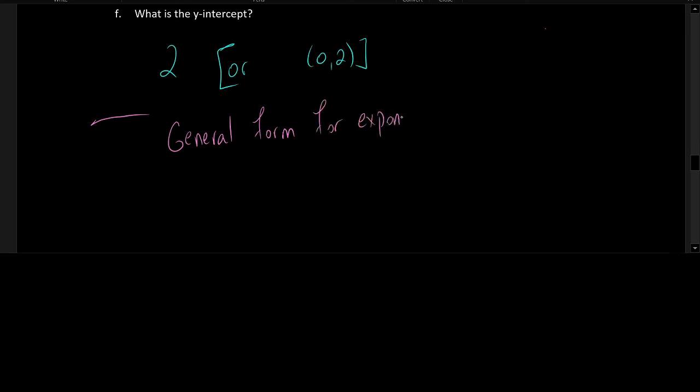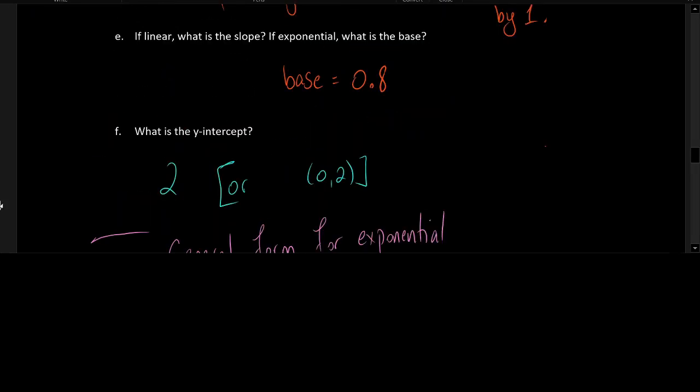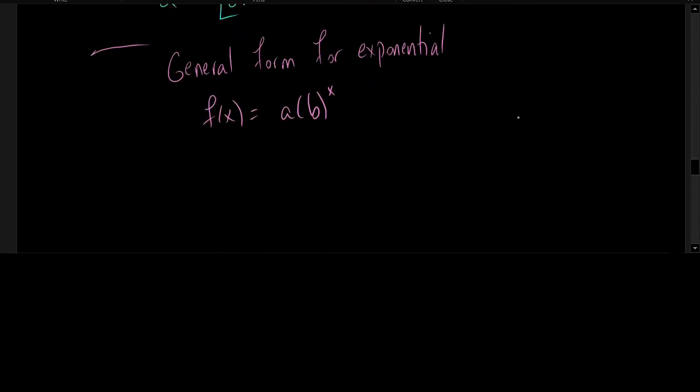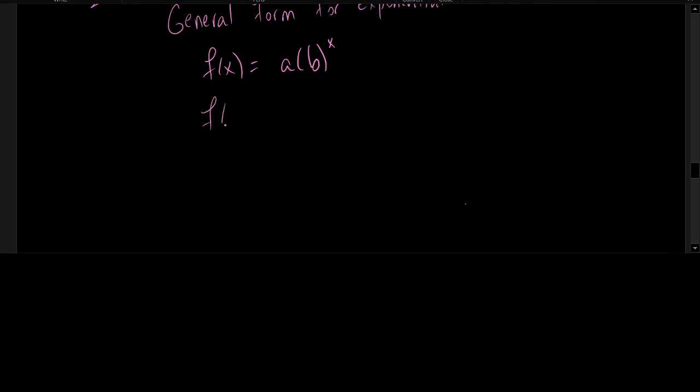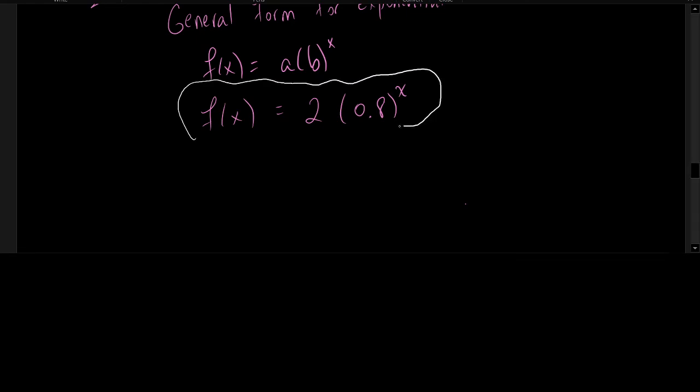General form for exponential is f of x equals a b to the x. And I'm going to fill in the blanks with the numbers that we have. We have a base of 0.8. And we have a y-intercept of 2. So f of x equals 2 times 0.8 to the power x would be the formula for f of x.